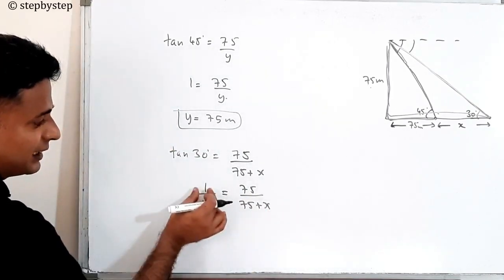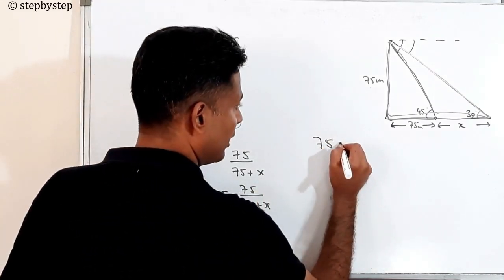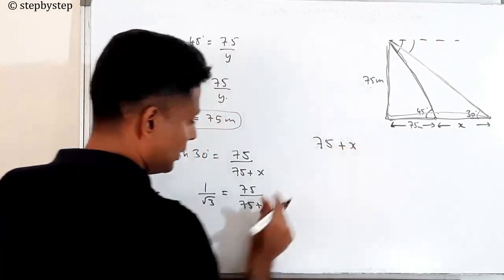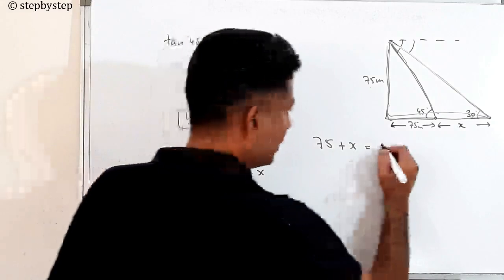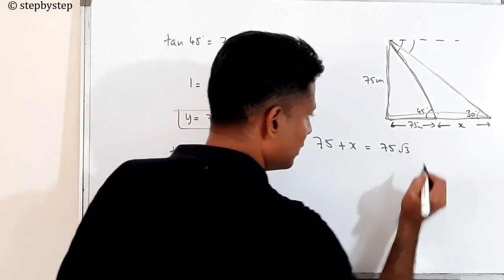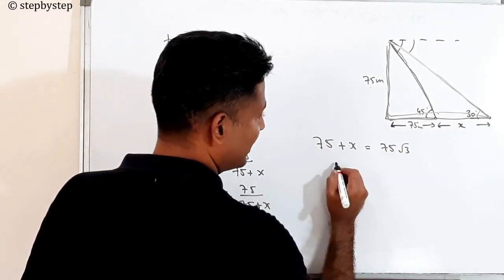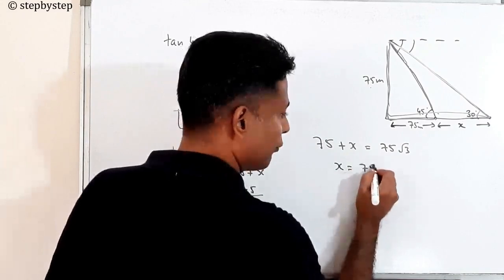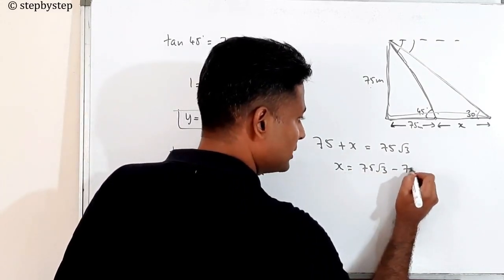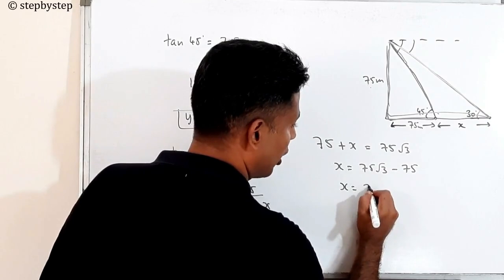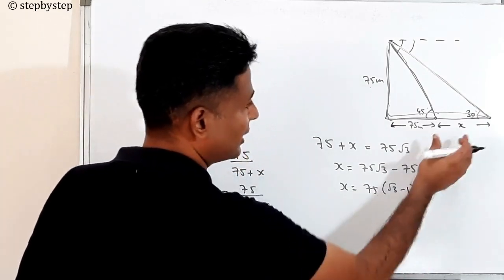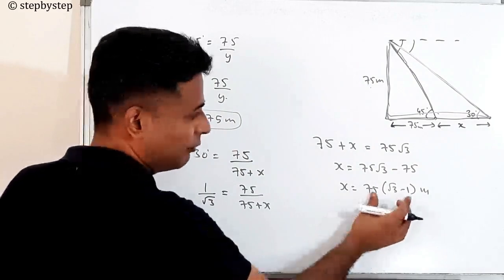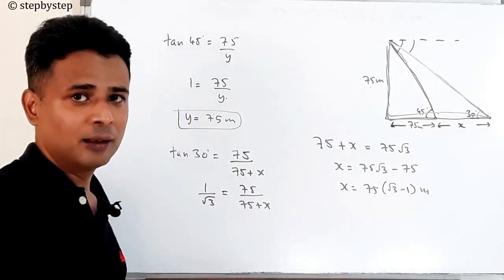Transposing, 75 plus x into 1 is 75 plus x equals 75 into root 3, 75 root 3. Now I'll take 75 this side, I get x equals 75 root 3 minus 75. If I take 75 common, it becomes root 3 minus 1. So what is the distance between the ships? 75 into root 3 minus 1 meters.